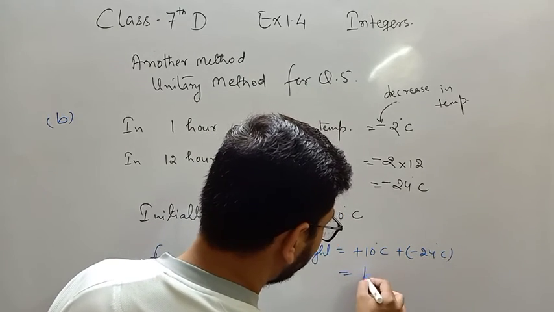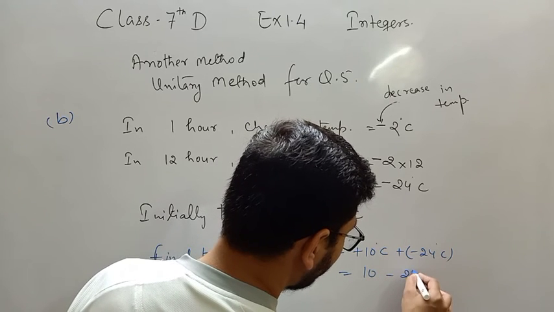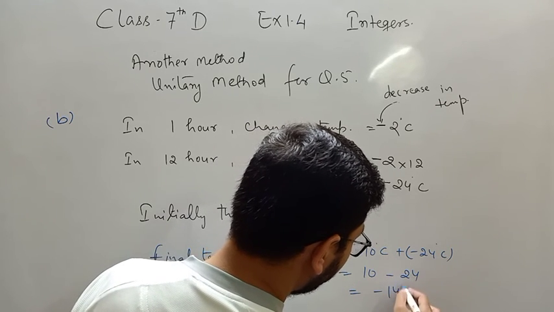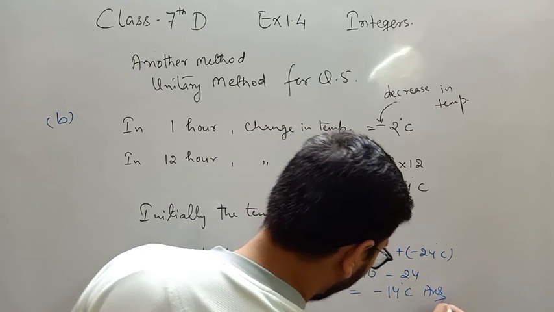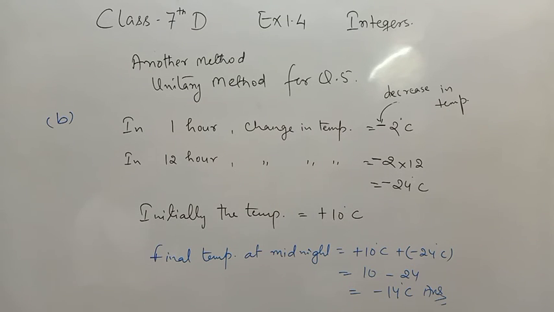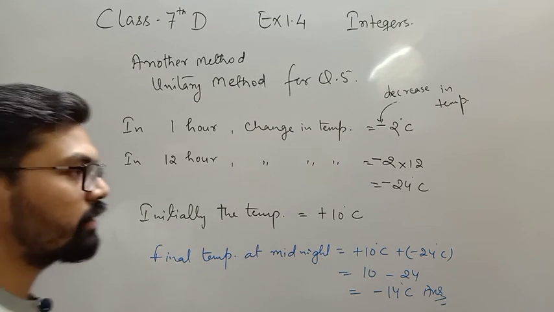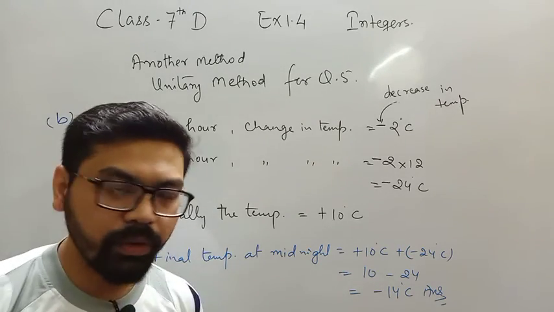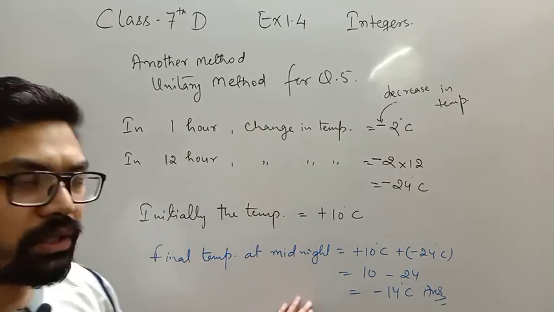So 10 minus 24 is minus 14 degree Celsius. This is your answer. So it is up to you which method you will follow, but I have given you two methods. One is the diagrammatical form and this is by using the unitary method.